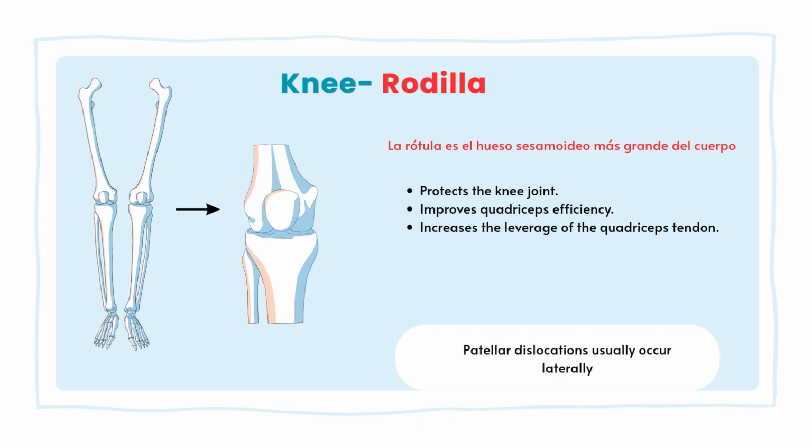An interesting fact: the patellar dislocations usually occur laterally because the natural pull of the quadriceps muscle directs the patella slightly outward. If the ligaments that keep it in place are weak or injured, the patella can easily dislocate laterally. That's the reason why.